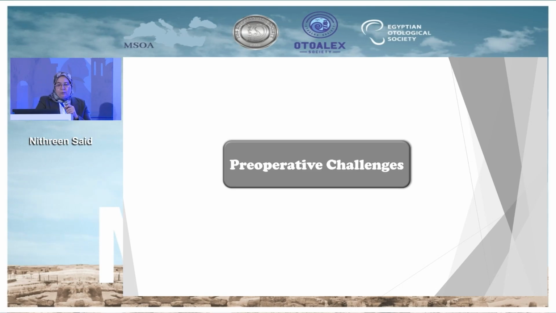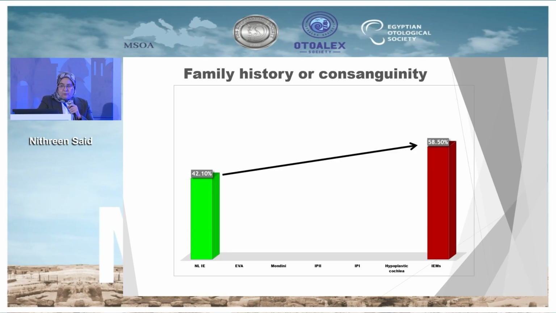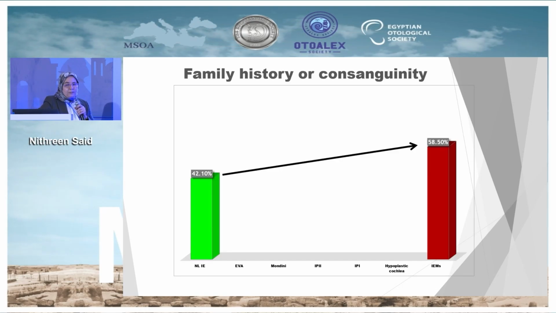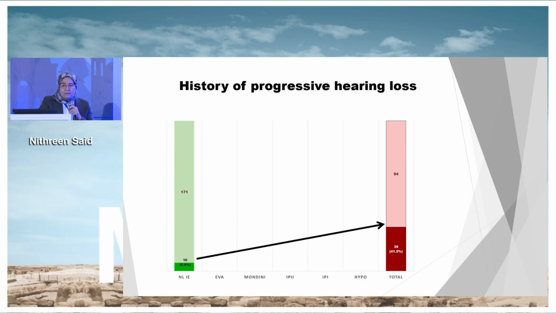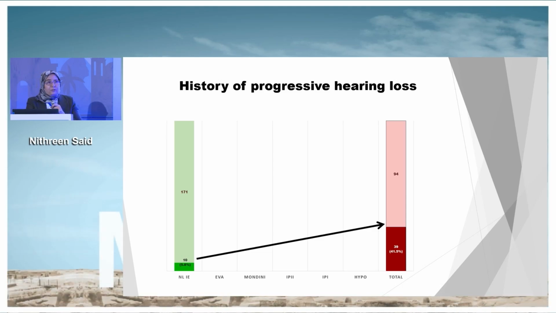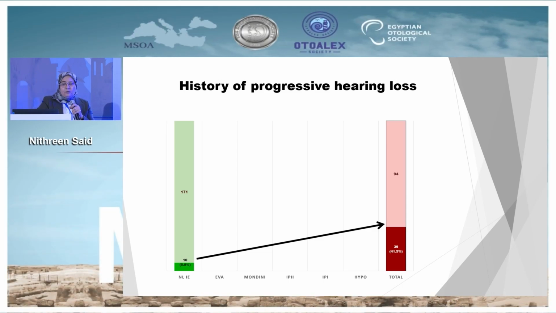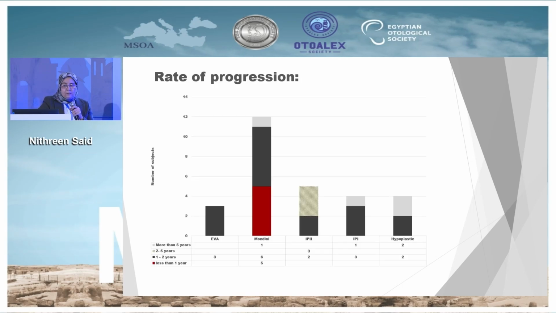If we talk about the preoperative challenges, those patients with inner ear malformations had a high percentage of positive family history, but this was common in Saudi Arabia, even in normal inner ear subjects. We had a significantly higher percentage of patients with inner ear malformations showing progressive hearing loss relative to the normal inner ear group.